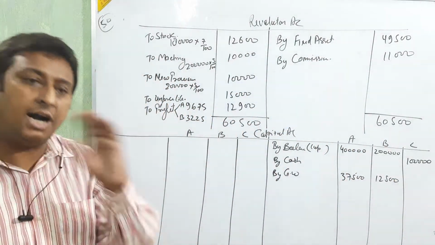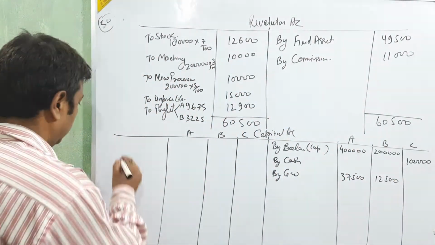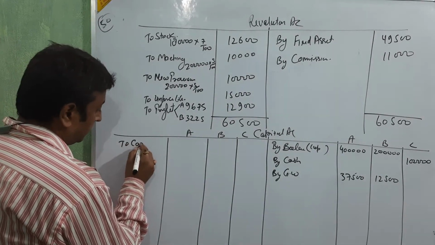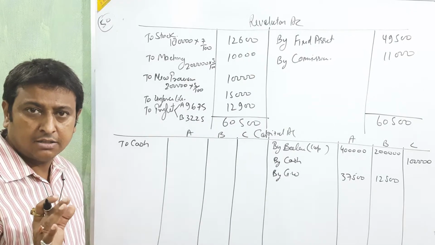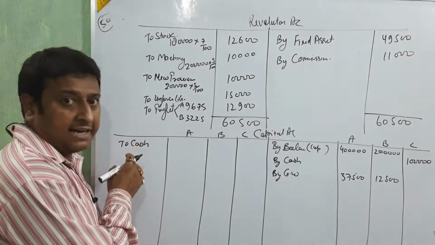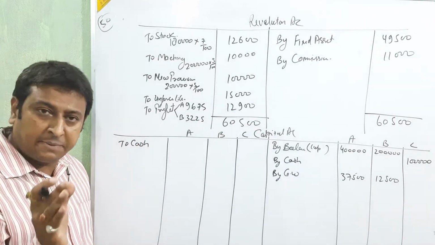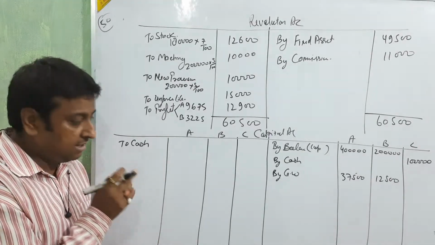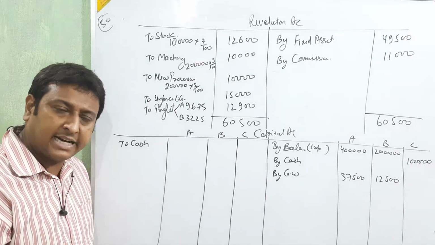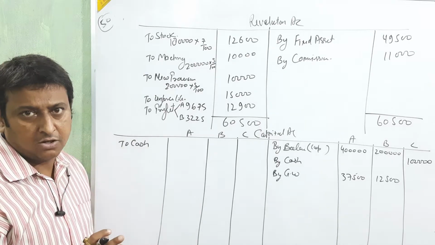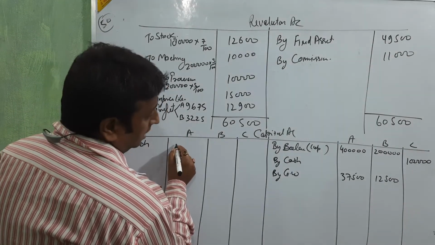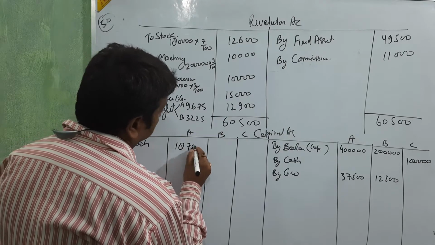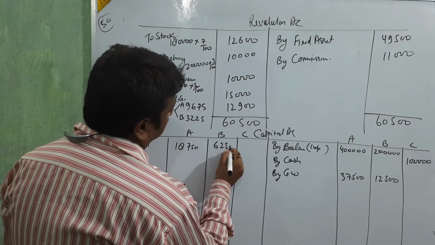See the third entry: withdrawal, then to cash. Is how I am posting clear, beta? Where capital is debit, cash is debit; in goodwill, capital is credit, so goodwill is credit. Then cash 18,750 and 6,250.